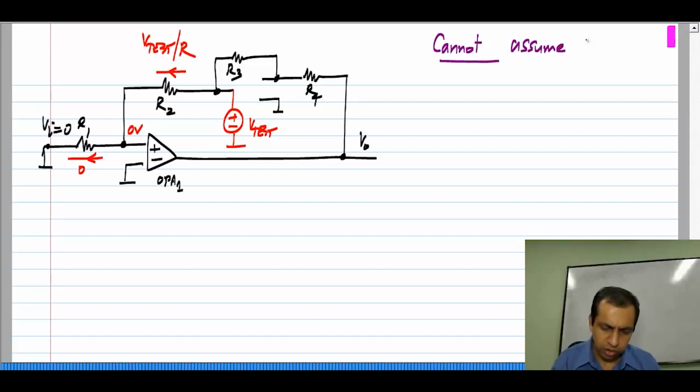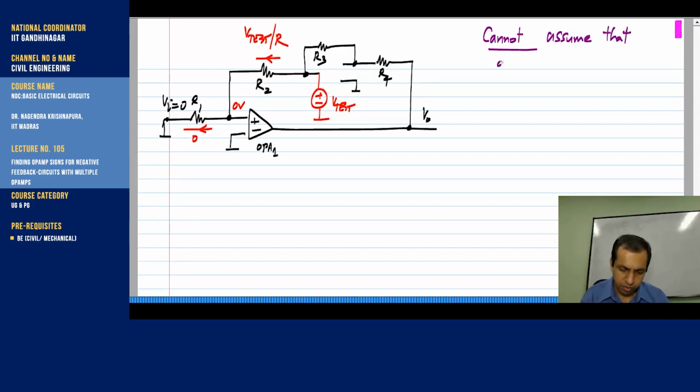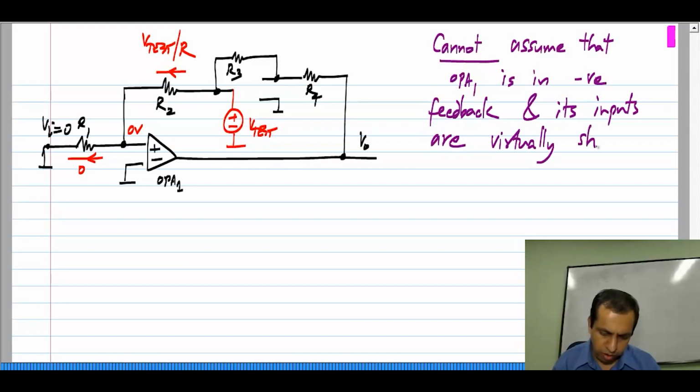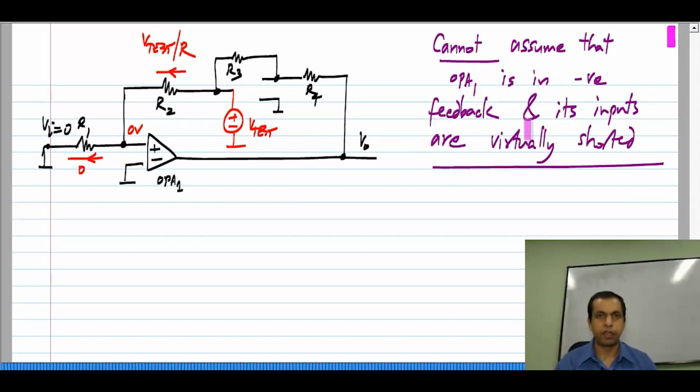Okay. So, in this case, we cannot assume that OPA 1 is in negative feedback and its inputs are virtually shorted. Okay. So, we have to try a different approach. Now, when the circuit is complete with this op amp, it will be in negative feedback and its inputs will be virtually shorted.